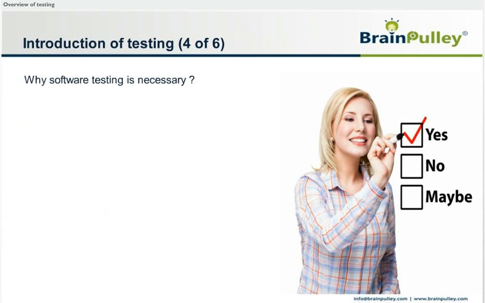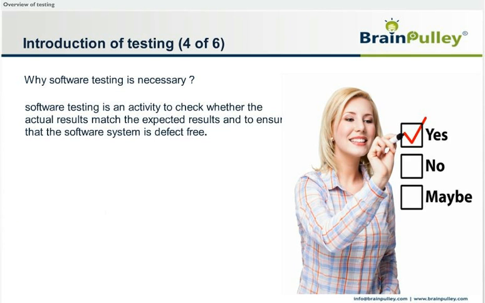The objective of testing is to find the defects or bugs in the software. Software testing is an activity to check whether the actual results match the expected results, and to ensure that the software system is defect-free. Most of us have had an experience with software that did not work as expected.